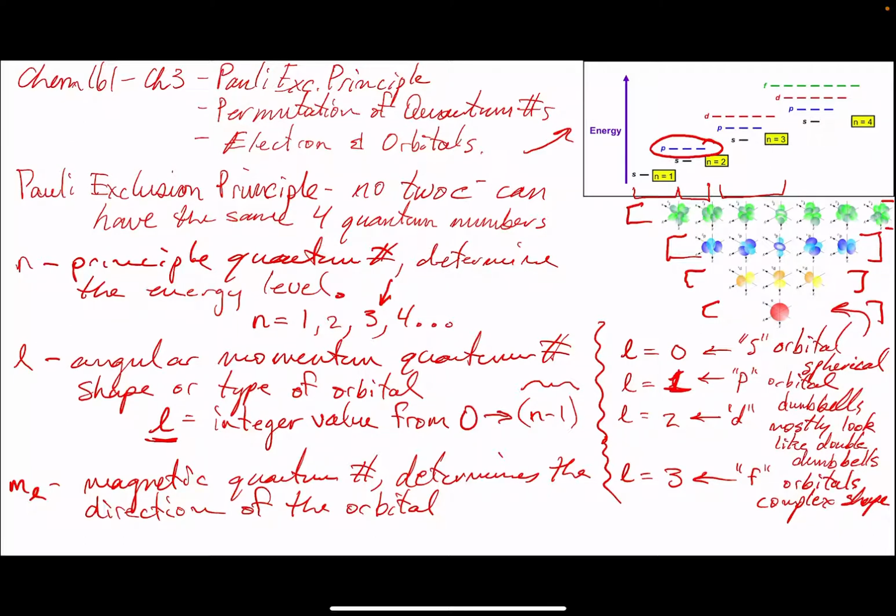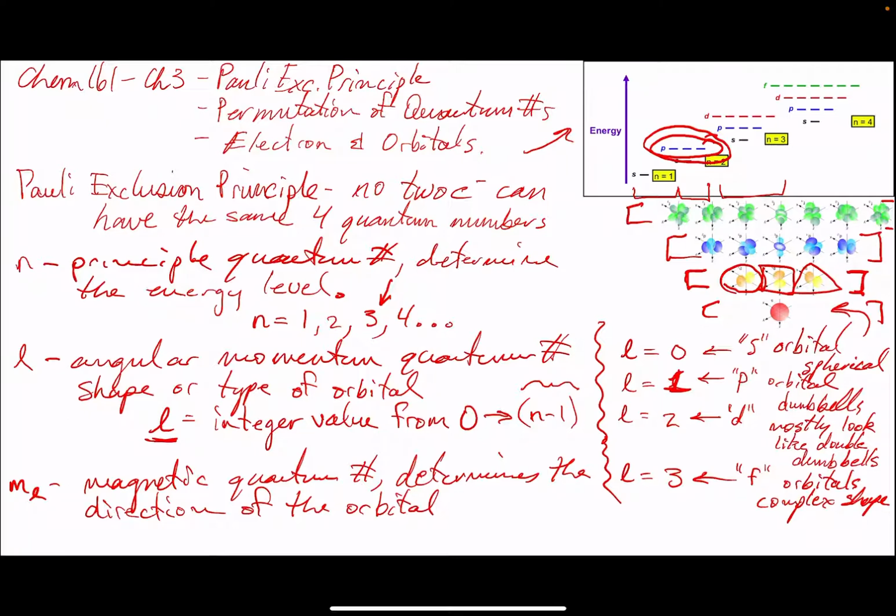So, for example, thinking about these 3 orbitals that arise out of the n equals 2 option, we know that the shape would be a figure 8 type orbital or a single dumbbell. And now we can specify between this one versus this one versus this one by specifying an m sub l value.